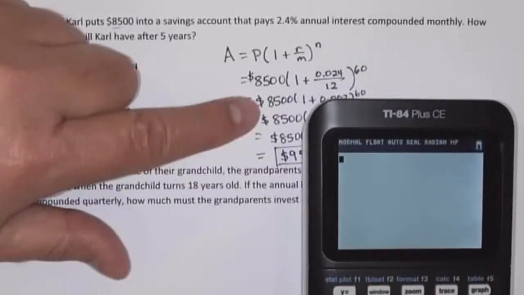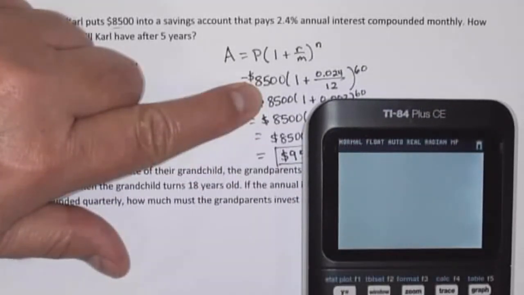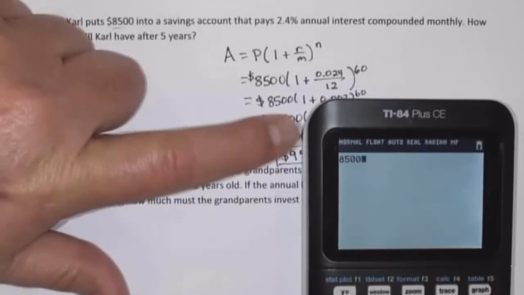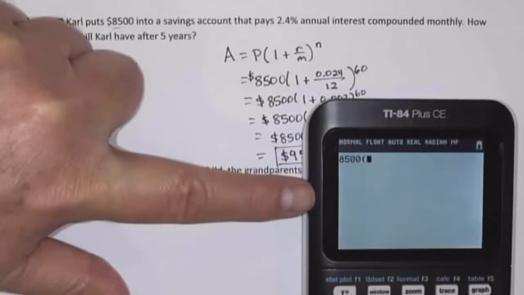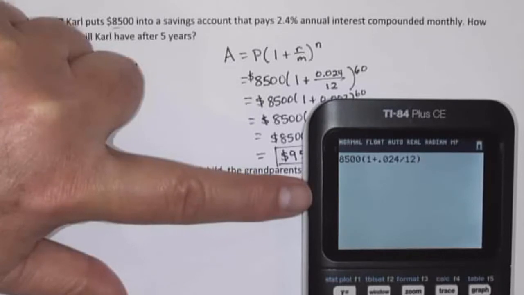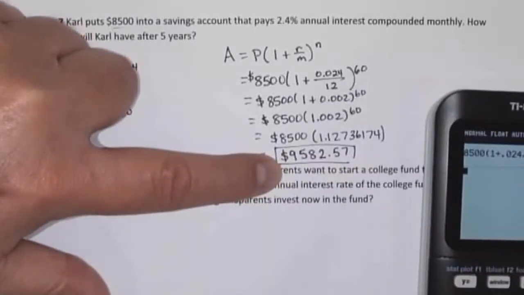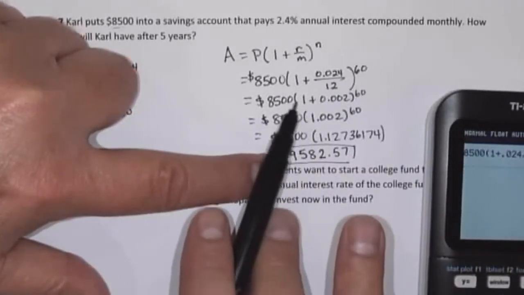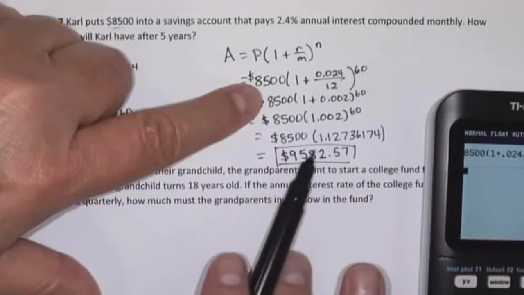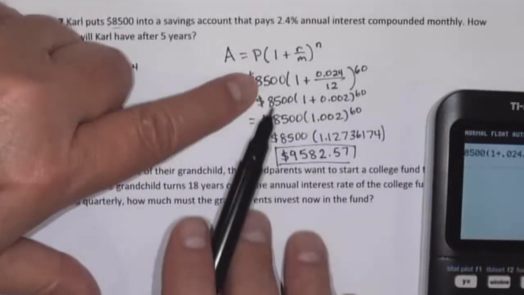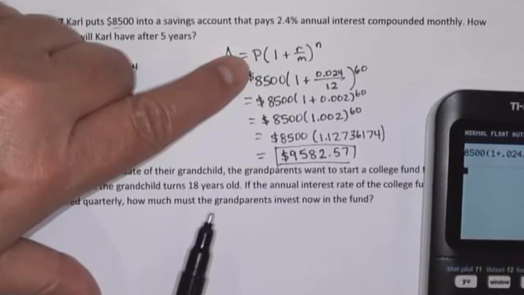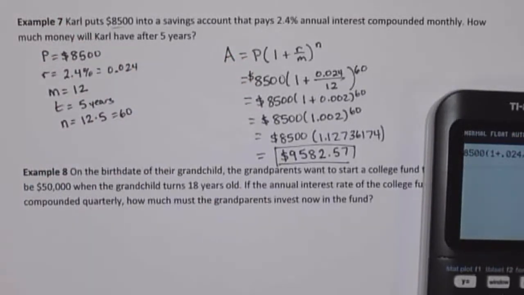If I enter 8,500, parenthesis 1 plus 0.024 divided by 12, close the parenthesis, and then raise that to the 60th power, that gives me the $9,582.57 that we obtained here. So I could punch this in directly instead of having to do this one step at a time. And that will be the easiest. You just have to be careful to make sure you use your calculator correctly for that.